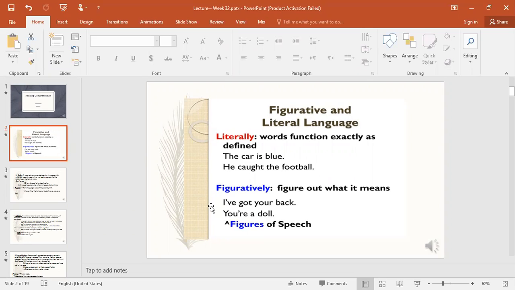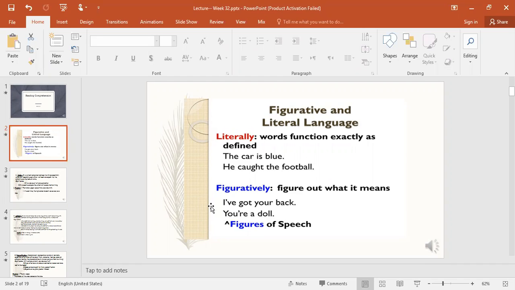You're a doll. Figures of speech. Thank you. Figurative language means when you have to figure out or to guess the meaning of this word or of this sentence, or what this word or this sentence means. This is what we mean by figurative language.